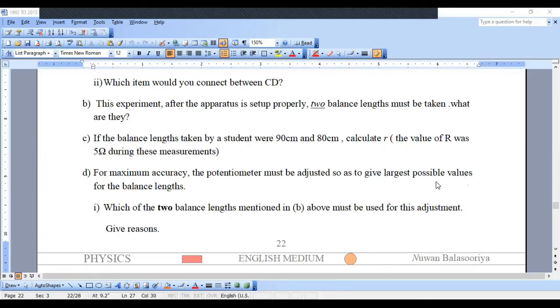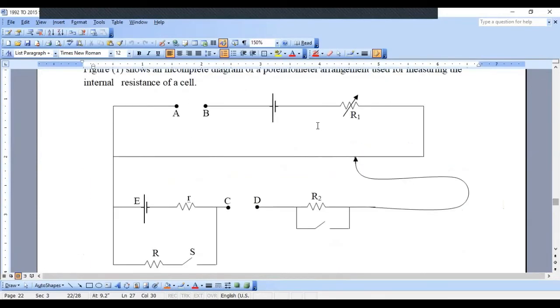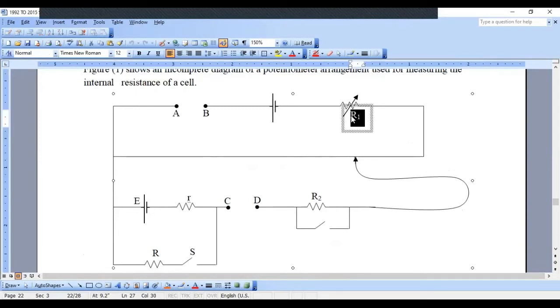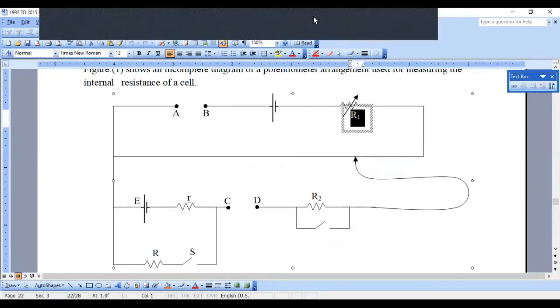Clear? So which length should be used for this arrangement here? It means we are able to do something like this. Let me show you the circuit right here. We can adjust this R1. Can you see this R1? We change this R1. Let's say for example, let me show you something.